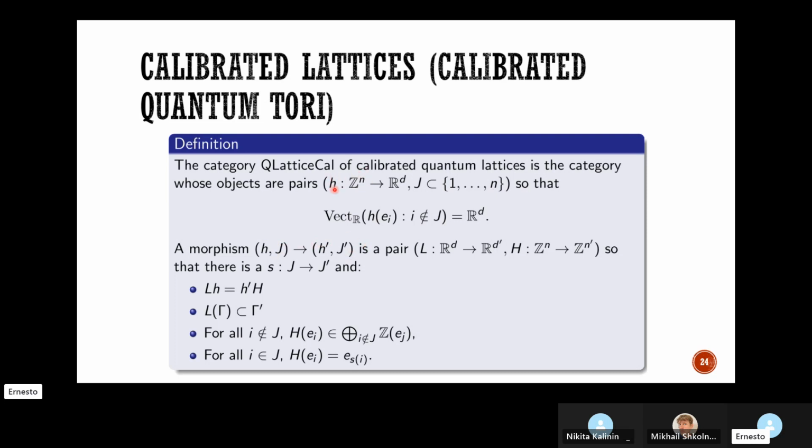Also, the choice of the letter H, before I go to morphisms, is because H is the Planck's constants. We have n Planck scales in this quantum system. You can imagine various quantum harmonic oscillators, n of them, but of course in physics you think of a universal Planck's constant and that's it.